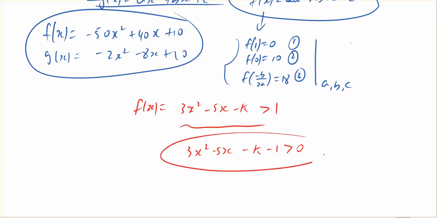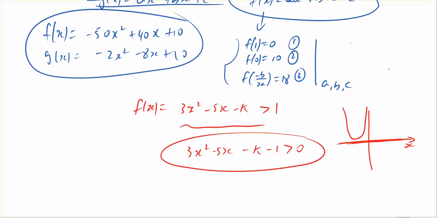So we want the values for k for which the quadratic is greater than 0. So I'm assuming we want the quadratic to be above the x line, the y equals 0 line.